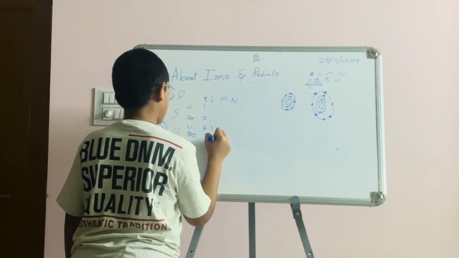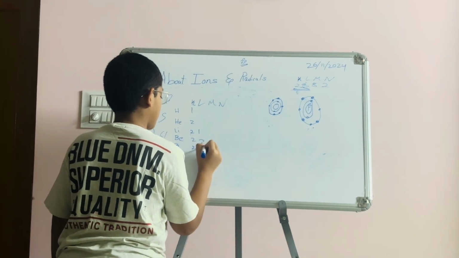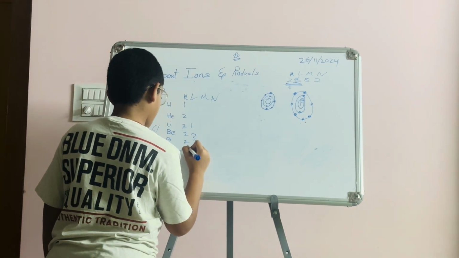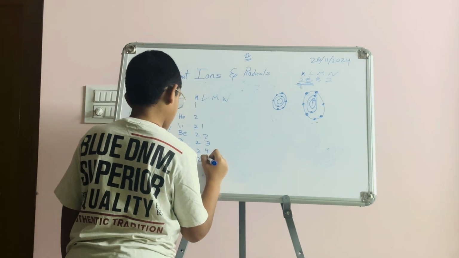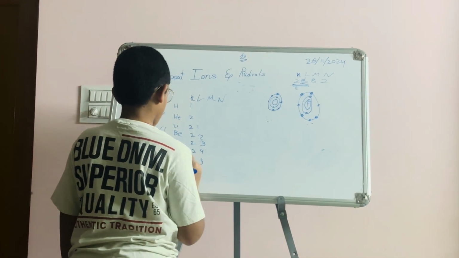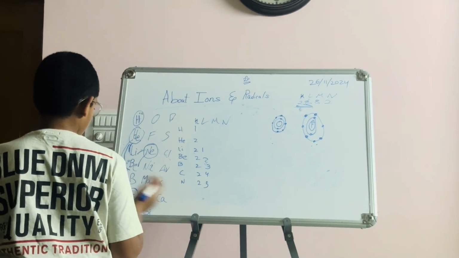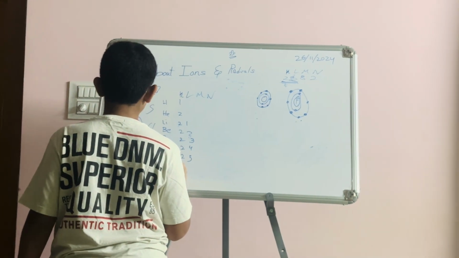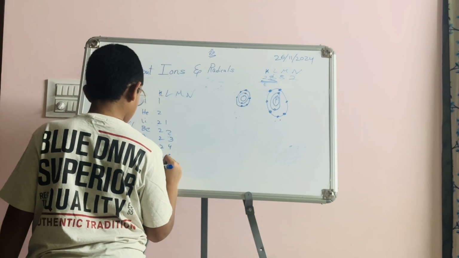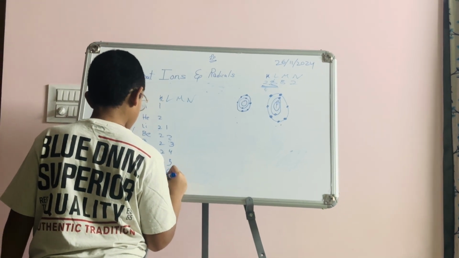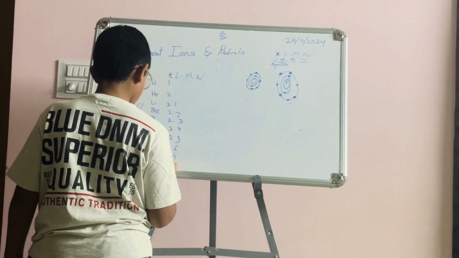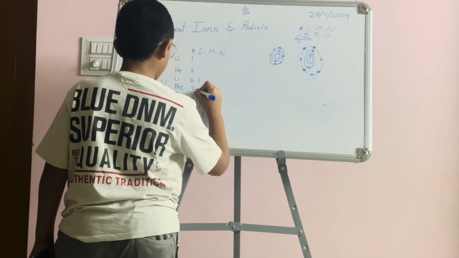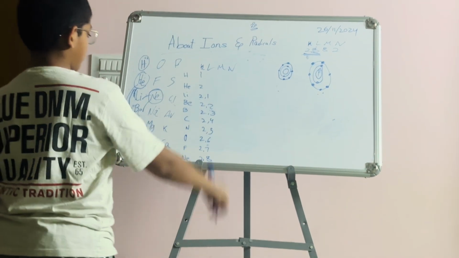So beryllium 2 2, boron 2 3, carbon 2 4, nitrogen 2 5, oxygen 2 6, fluorine 2 7, and neon 2 8, with commas in between. These are the first 10.